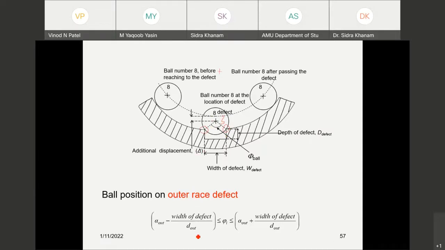So for the outer race, when the ball is in the defect zone, we provide some additional deflection delta along with what was used for simple radial deformation. So the total deformation will be the deformation due to the load plus the deformation due to this defect.